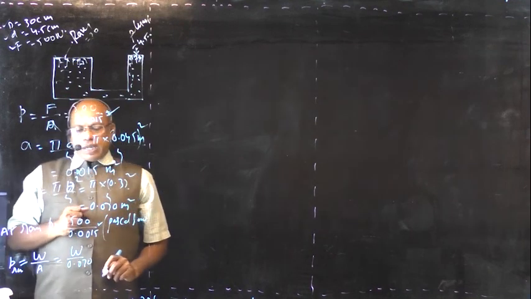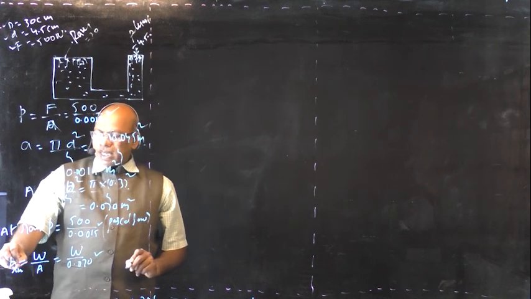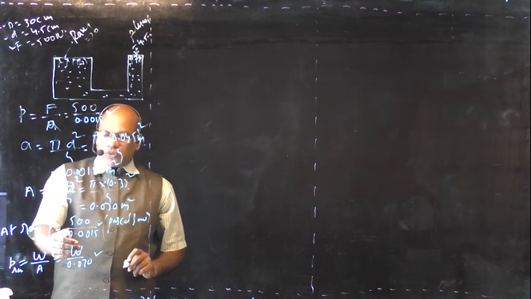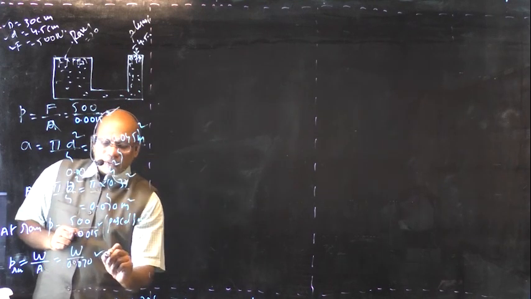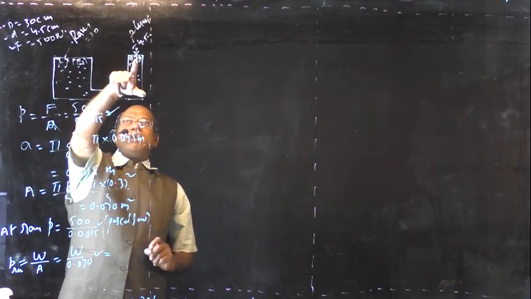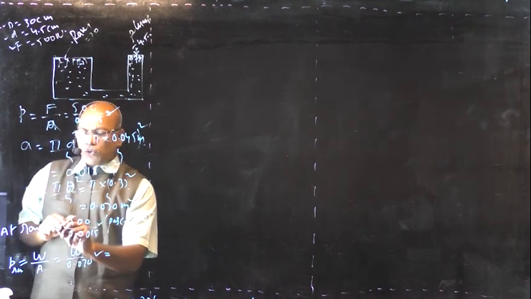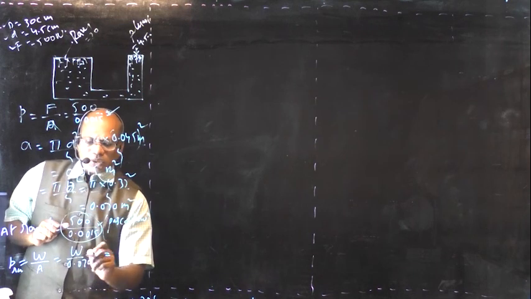The pressure at the ram is equal to weight by area, W divided by 0.070. Weight we are going to determine, area is already calculated. Based on Pascal's law, the pressure intensity at the plunger is equal to the pressure intensity at the ram. Therefore 500 divided by 0.0015 is equal to W by 0.07.